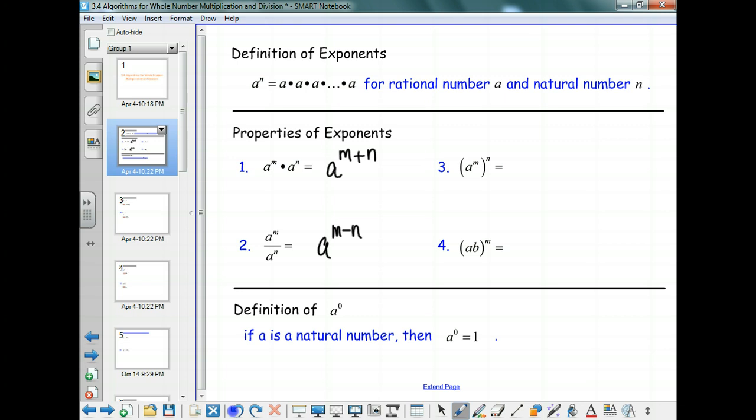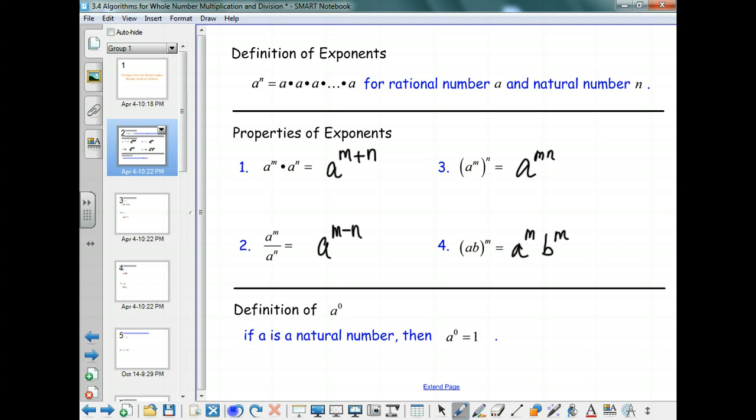So when we have a power raised to another power, what happens if I want to write this all combined? Multiply it. And then the last one, number 4, we actually see two items inside the parentheses raised to a power. What's that going to result in? All right, so each of the factors inside can be raised to that individual exponent.